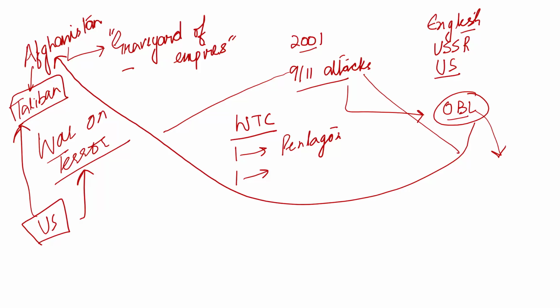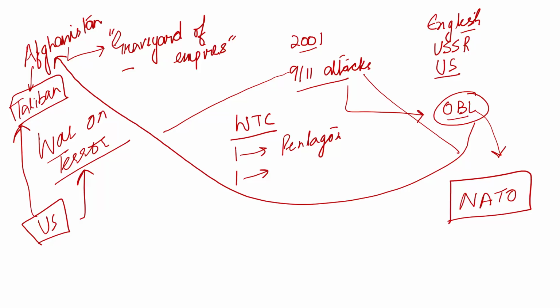But the Taliban authorities declined to hand over Osama bin Laden to the United States, and ultimately in October the war was launched against Afghanistan, and US troops as well as NATO troops, North Atlantic Treaty Organization, landed in Afghanistan and a war broke out.